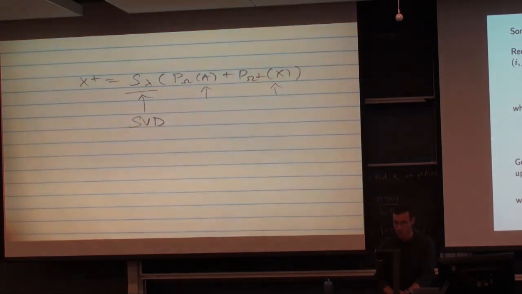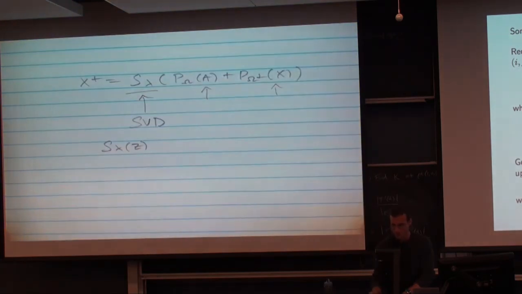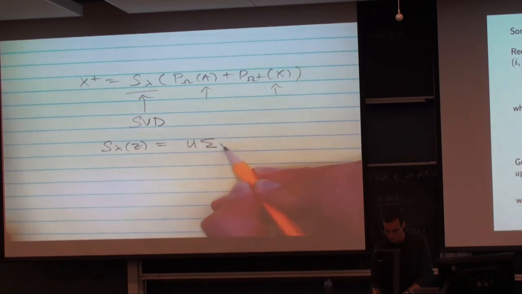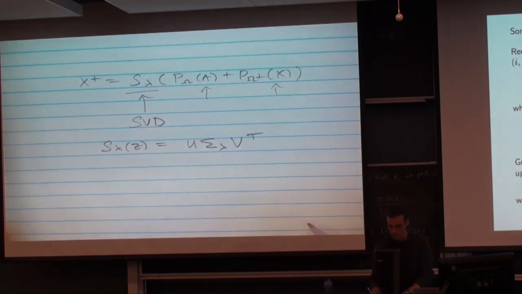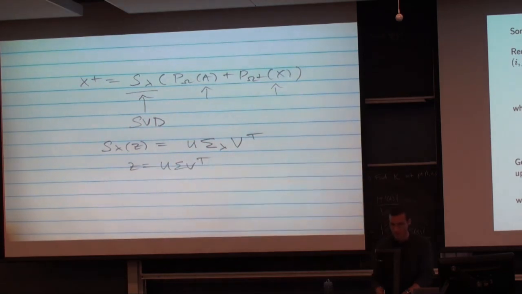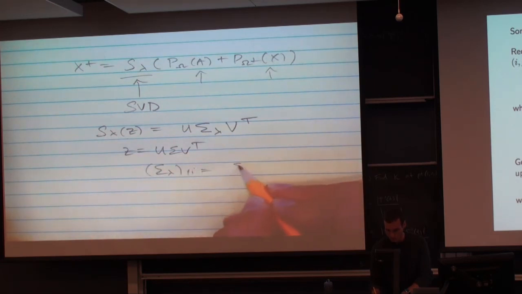It was defined so that if you give it some matrix Z, it gives you back U times sigma of lambda times V transpose, where U sigma V transpose was the SVD of Z, and sigma had its diagonal elements soft thresholded.